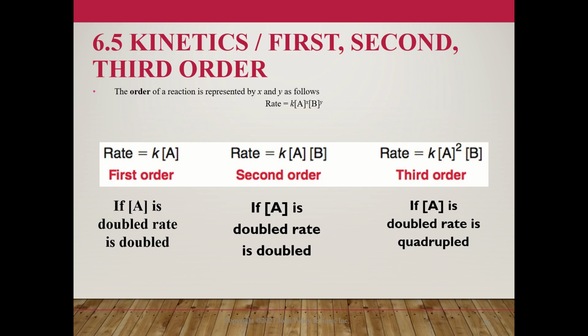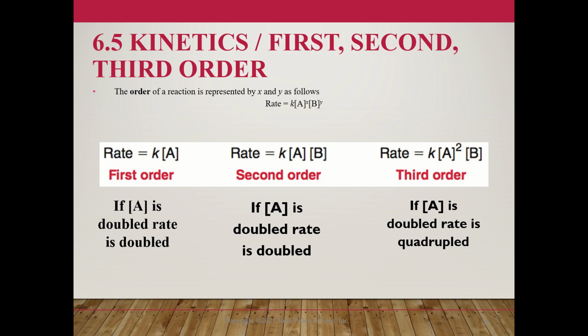If all your reactant rate order exponents add up to 2, then your reaction is overall second order. However, individually, if A is doubled, the rate is doubled. But if all your exponents add up to 3, then the reaction is third order.